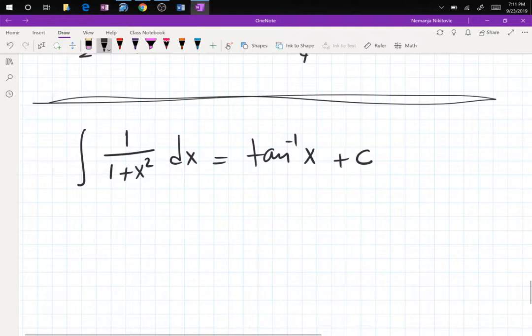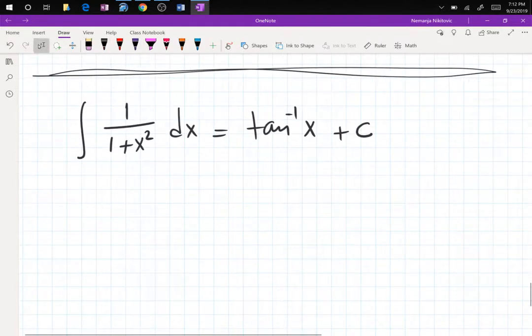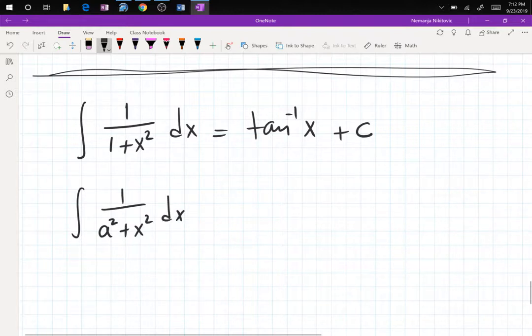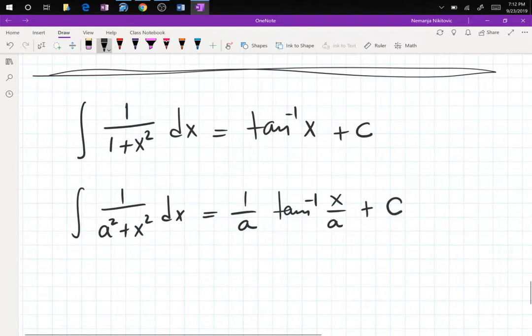That was on that chart of basic integrals, because this one came from 4.9 from Calc 1. But then we have the spicier version of 1 over a squared plus x squared dx, which is 1 over a tangent inverse of x over a plus c.